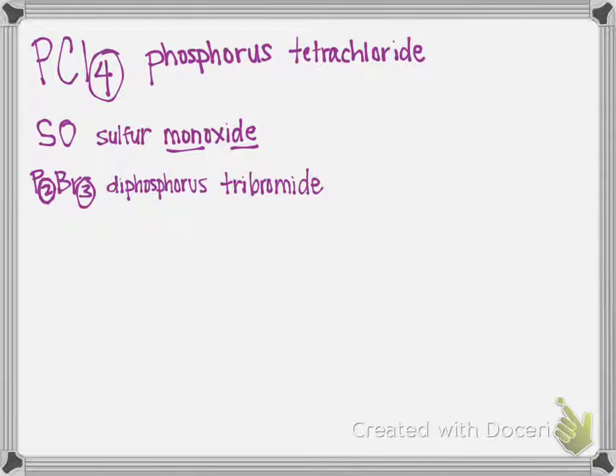Another example, if you have I4O9. Your first element is iodine, second element is oxygen, which would turn into oxide. You need to use your prefixes, so 4 iodine would be tetraiodine.